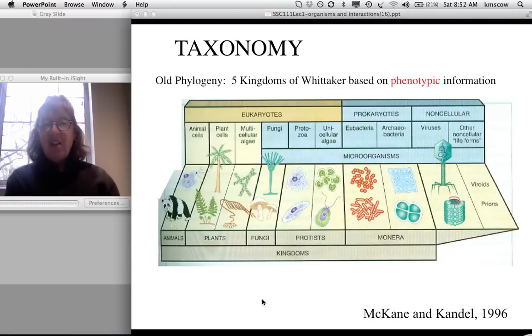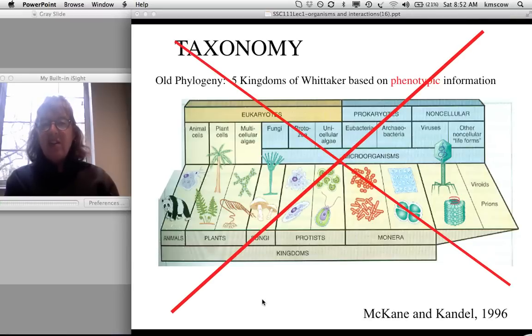and I think you all are well aware now the old world of the five kingdoms no longer is the paradigm that we use to describe all life forms, and in fact, the kingdoms were based on phenotypic information, so that's information about the actual attributes of organisms, what is manifested.